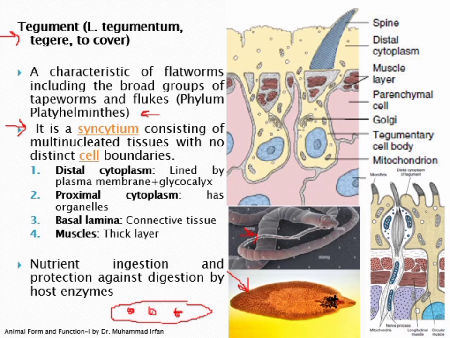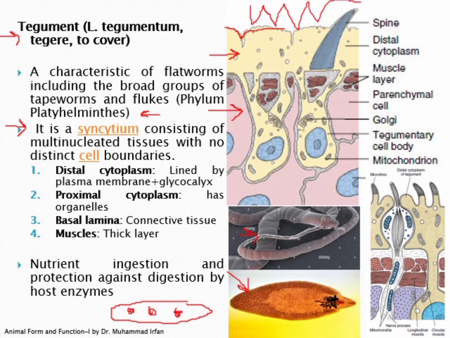In these animals, the cytoplasm can be divided into two portions: the distal cytoplasm and the proximal cytoplasm. The distal cytoplasm does not have organelles in it, and it is lined by the plasma membrane, which is supported by glycocalyx.